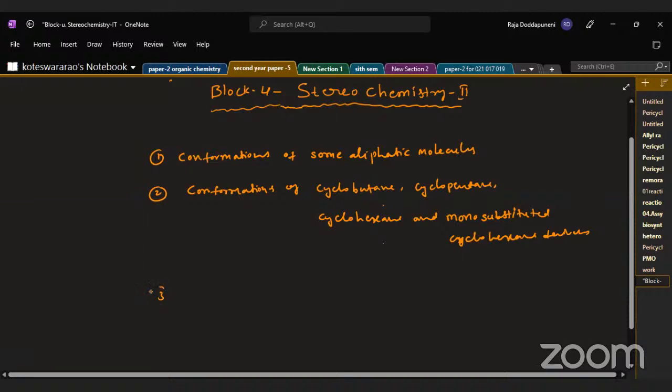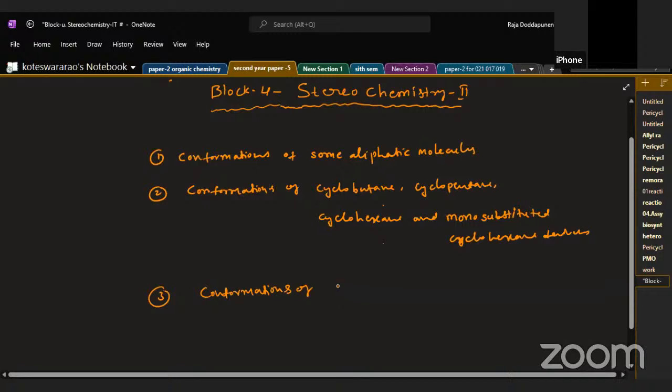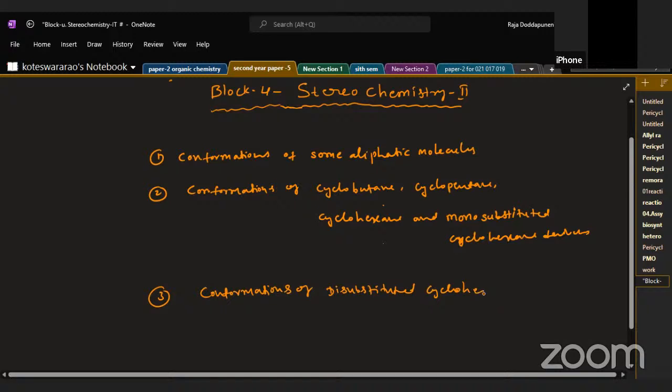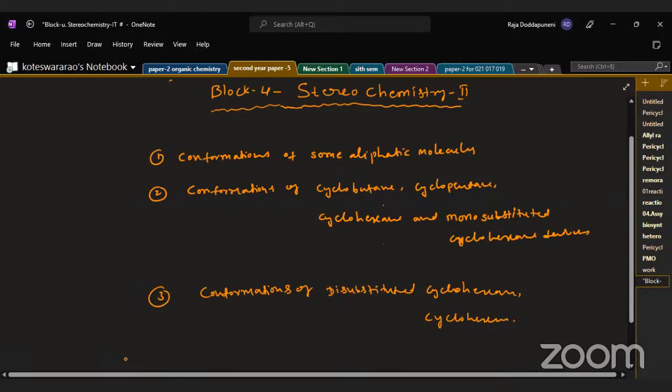And the third unit is conformational studies, conformations of disubstituted cyclohexene, disubstituted cyclohexane and cyclohexanones.